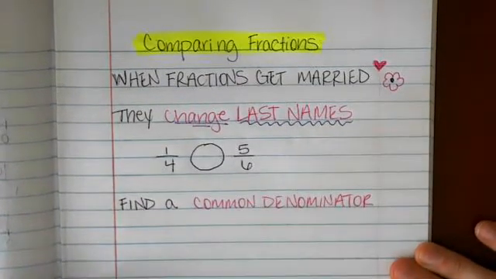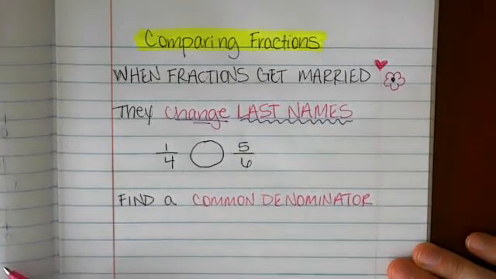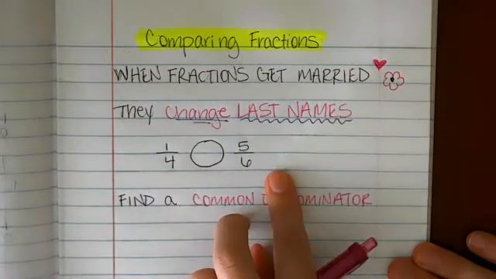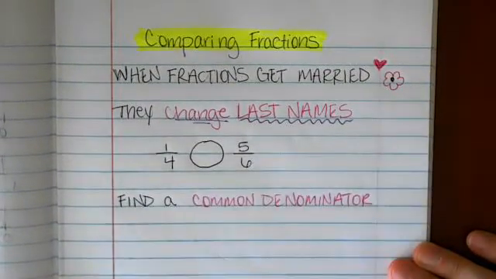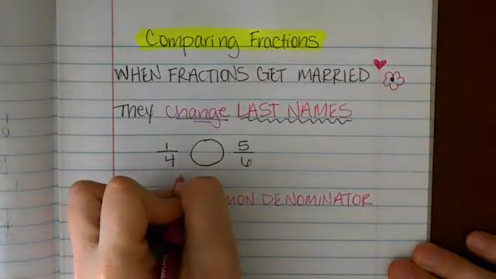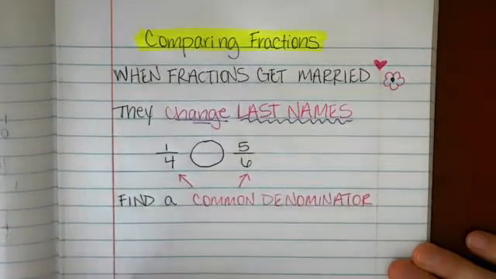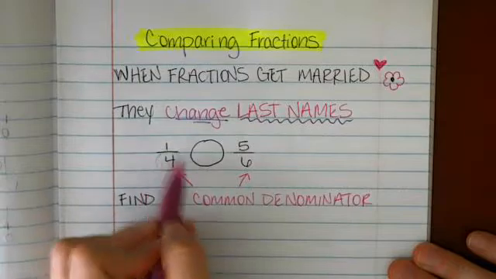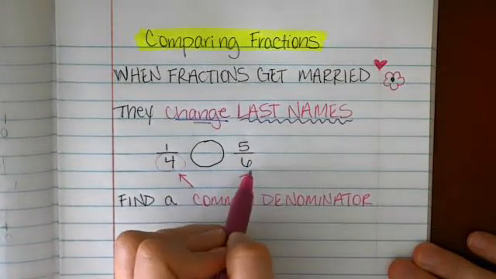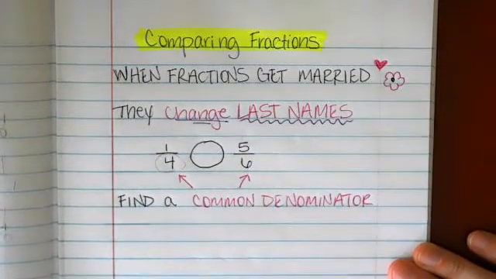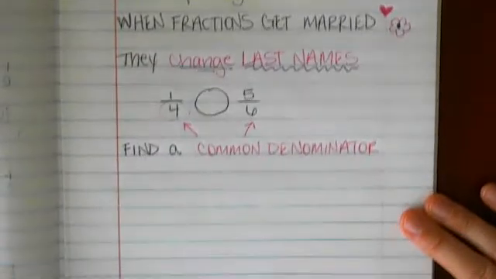You could do this using fraction strips, but we're going to do this just using the straight math of it. So you're noticing right now that our denominators are different. This one has a 4 in the denominator, this one has a 6 in the denominator. So we need to find a denominator that they have in common.